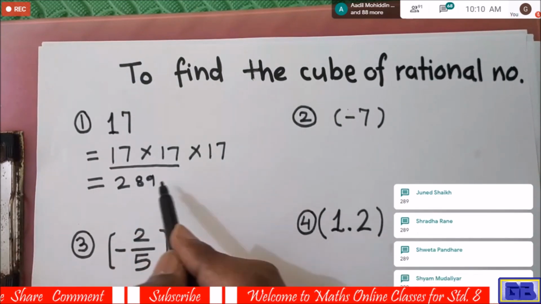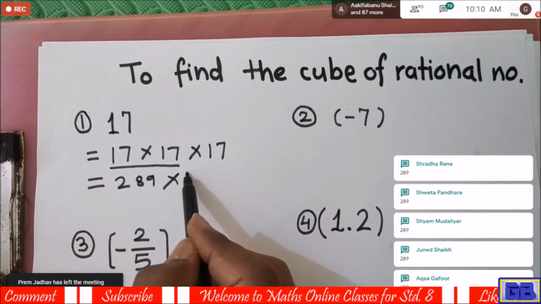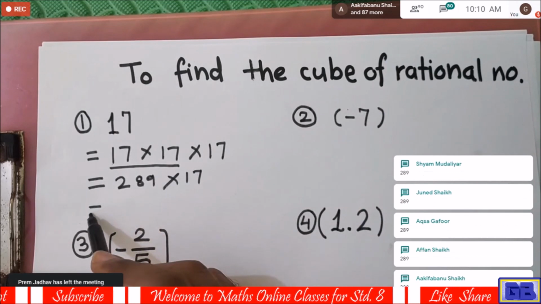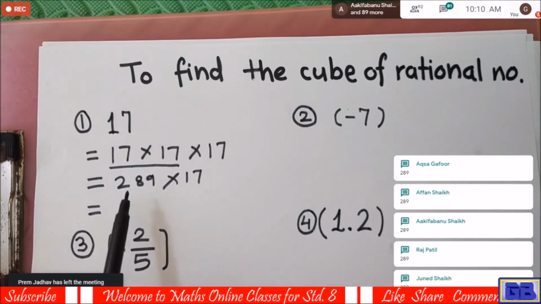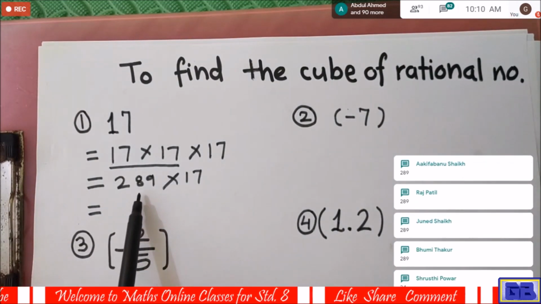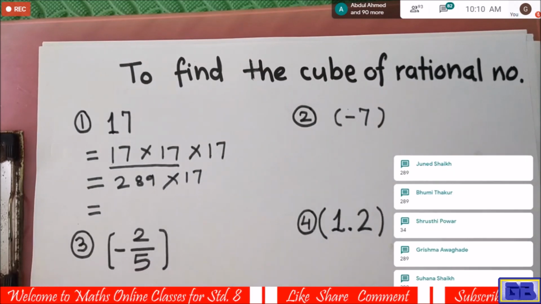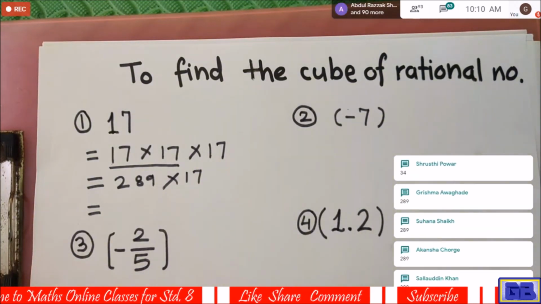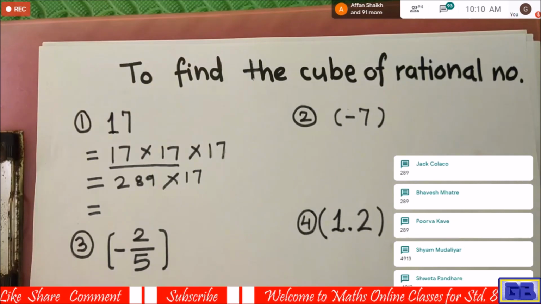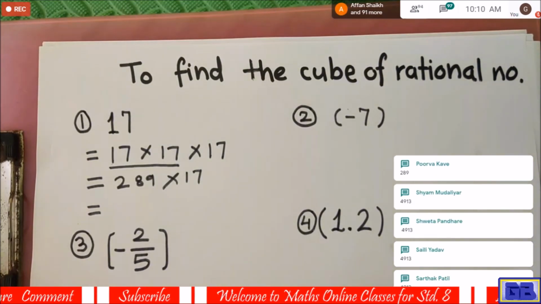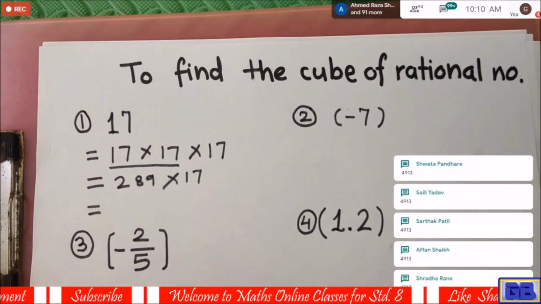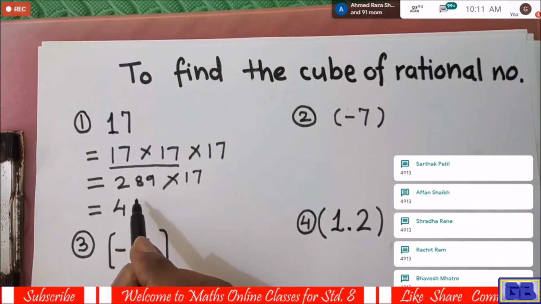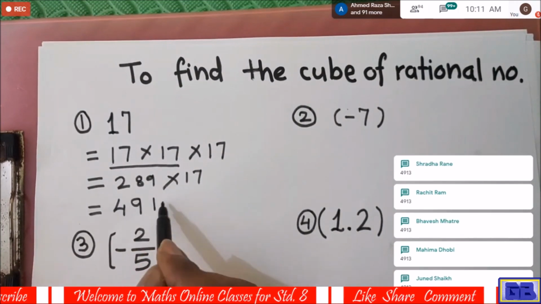Correct. Now we have to multiply with this third, 289 multiplied by 17. What is the answer? Correct, 4,913.